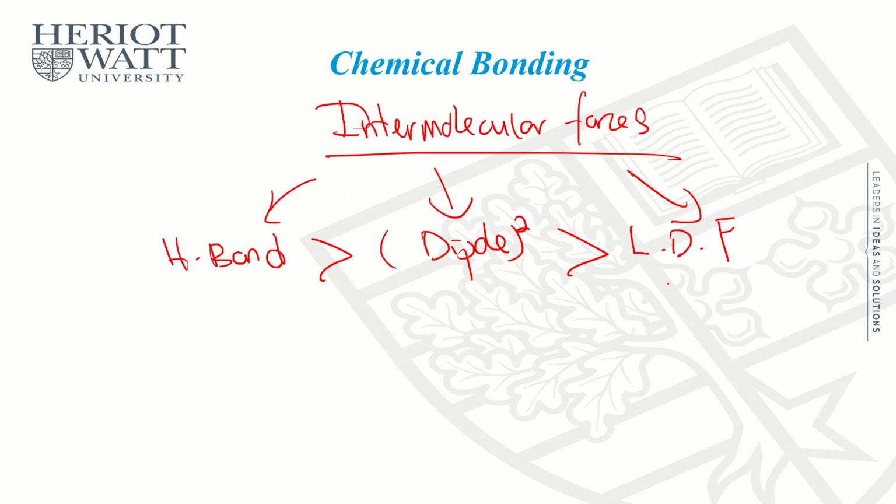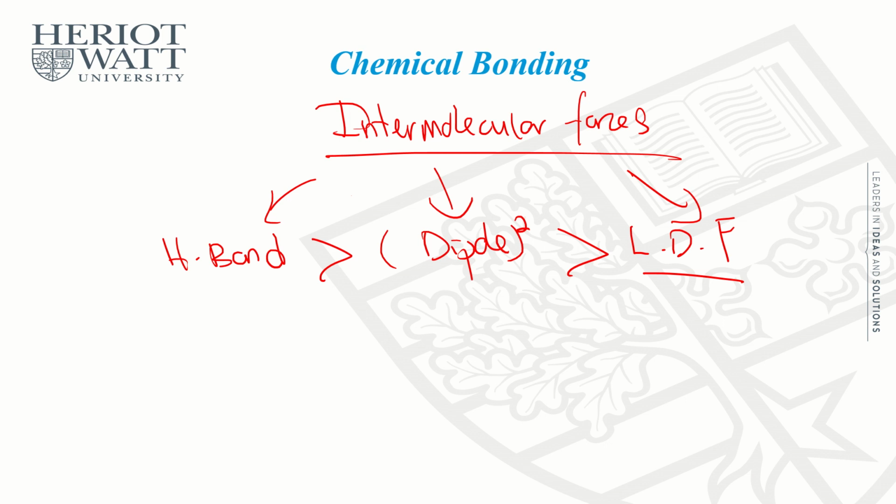Okay, now how to categorize them? First thing first, London dispersion force is everywhere, which means whenever 2 molecules come into contact with each other, they will always form London dispersion force. This is the basic intermolecular force that exists between molecules.